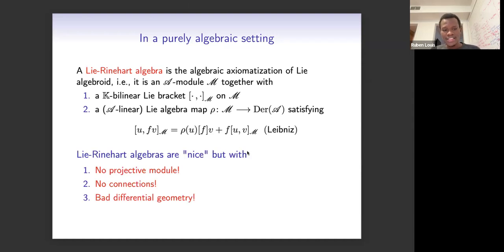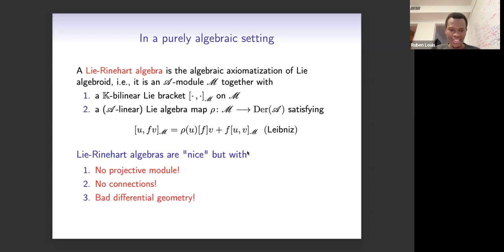So you can see that Lie-Rinehart algebras are very nice. But this M is a very general module, so there's no reason for it to be projective. So if you need to define the connection, you cannot define it on generators.